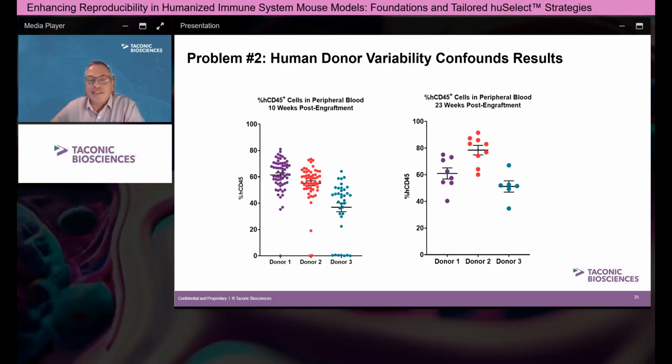This is just another example of some of our internal data showing the level of engraftment of 3 different donors at 10 weeks and 23 weeks post-engraftment in HUNOG EXL mice. Although the levels at 10 weeks tend to overlap, you can see them diverge as these animals age over time.